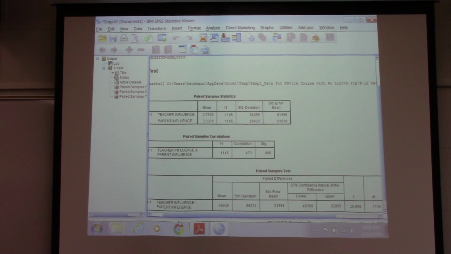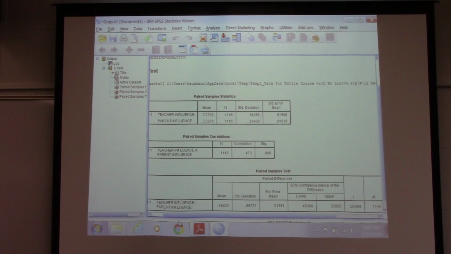And so you would say teachers in these districts report that they have greater influence, and you could, in parentheses right after that, say mean equals 2.7339, then parent influence 2.2376. That's all I need to say, because when I say higher or more or greater influence, that tells you that it was statistically significant. So in the interpretation, that's all you need to say.